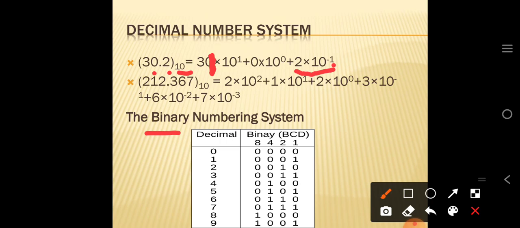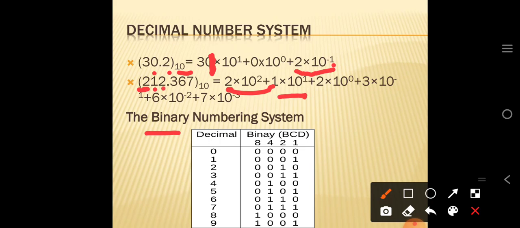And the second example given here is 212.367 to the base 10. This is also a decimal number, which we can represent as: first 2 into 10 raised to the power 2. The second digit is 1, so 1 into 10 raised to the power 1.